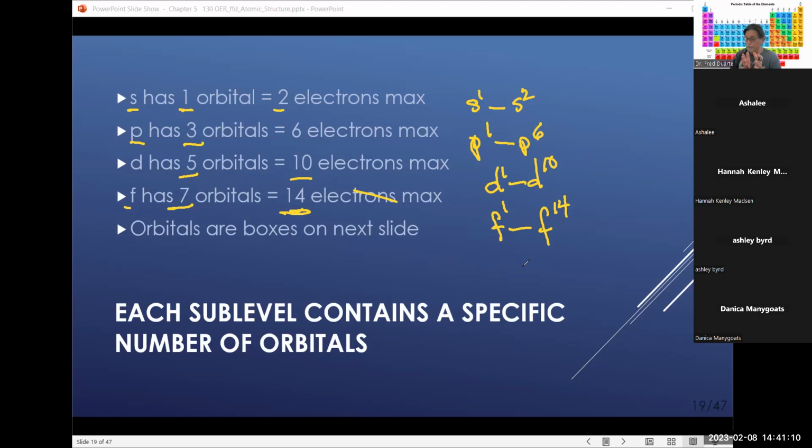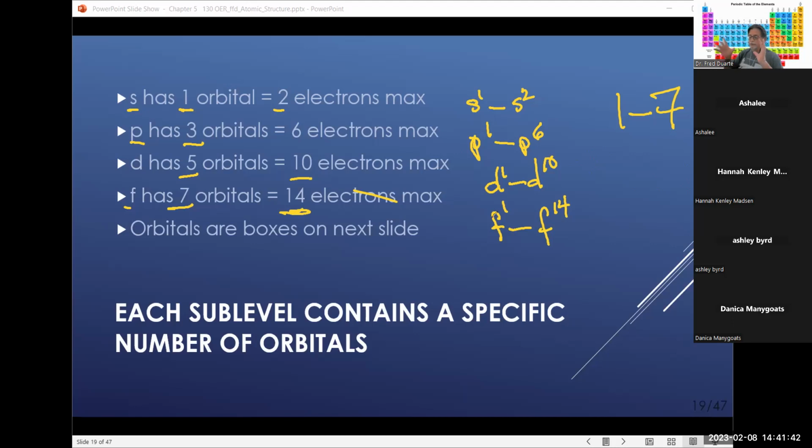And then there's the coefficient, which can vary from 1 through 7, depending on which orbit we're talking about. And we use this notation to describe the element and to describe how the electrons for the element are placed in these different orbitals, okay? And as we learn to do this, we're going to learn why certain metals want to lose electrons and other metals want to gain electrons, okay?